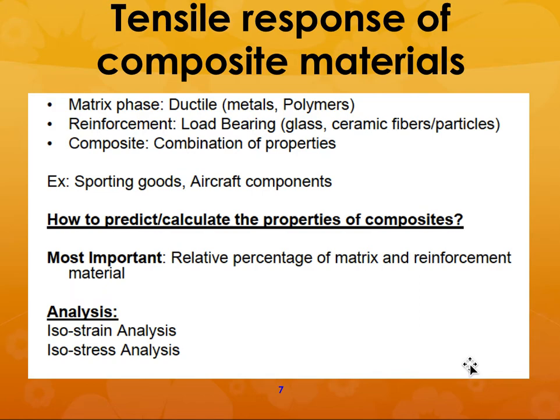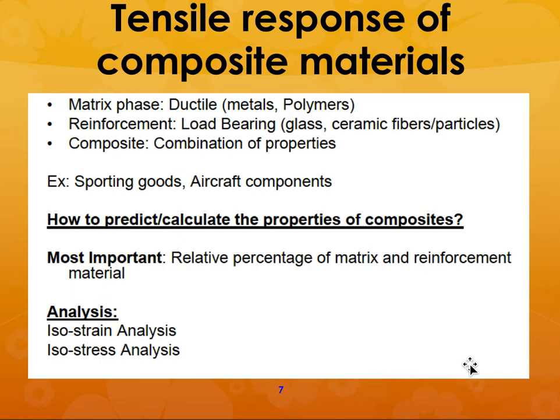If you know the constituent materials and their properties, you can actually predict the behavior of these materials. So it makes it very easy for you to use them in design applications. You can design components based on that, even though they are anisotropic.